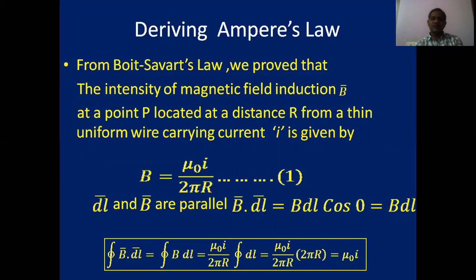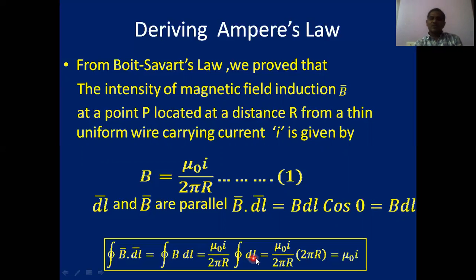Now, from that, closed integral B bar dot dL bar equals closed integral B dL, that equals mu naught I by 2 pi R written outside of the integral, closed integral dL. But closed integral dL represents what? That is the sum of all infinitesimally small length elements. That gives the circumference of that circular path.